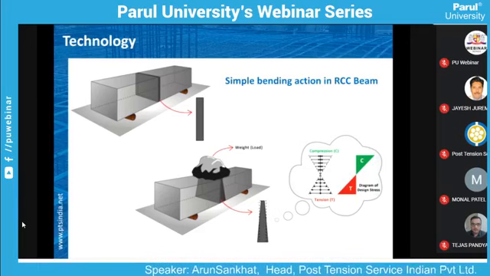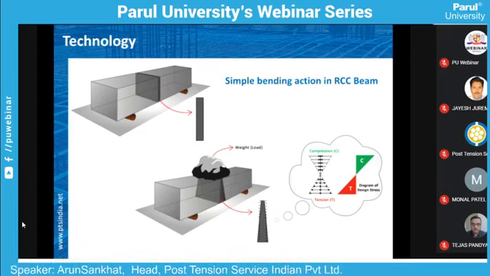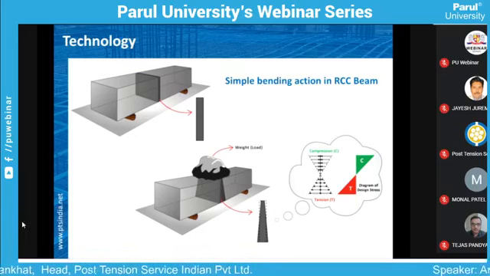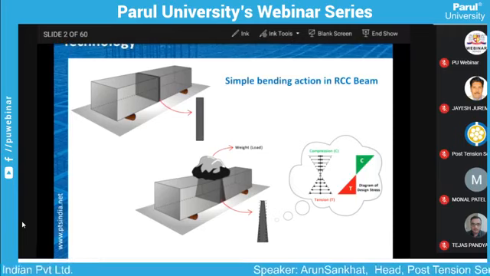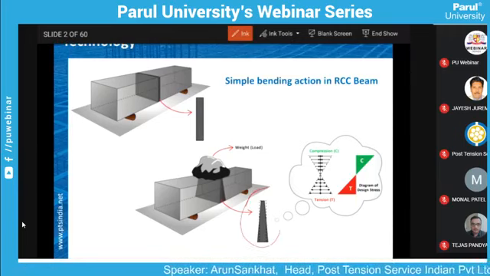One of them can be a roller, or one of them can be a hinge, or simply supported. And when the load is there on the beam, it will try to deflect, or deform, right? The deformation is shown here. So the beam will deflect like this.